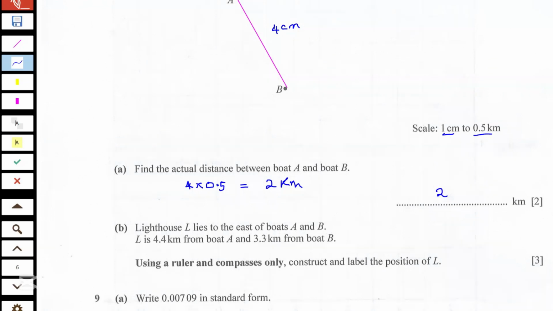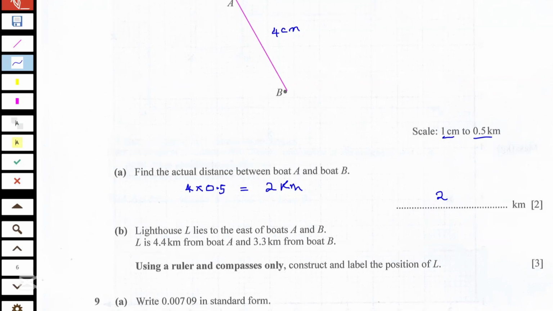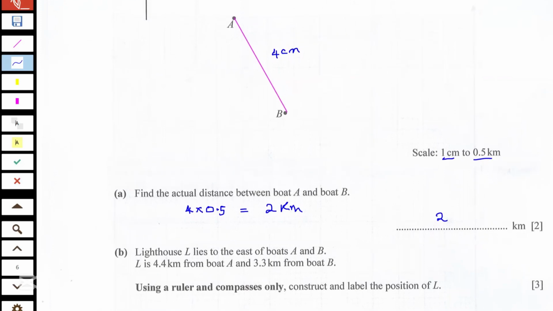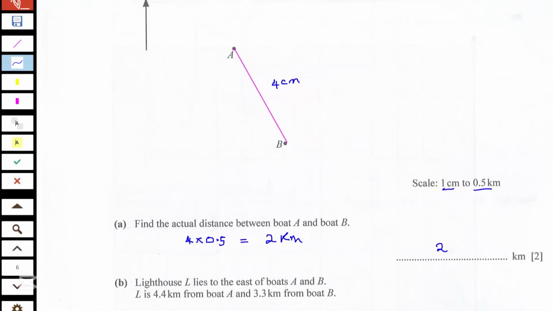Now, we're told that the lighthouse L lies to the east of both A and B. The east of A and B is in the right direction, in this direction. So L lies 4.4 kilometers from A, and the lighthouse is also 3.3 kilometers from B.